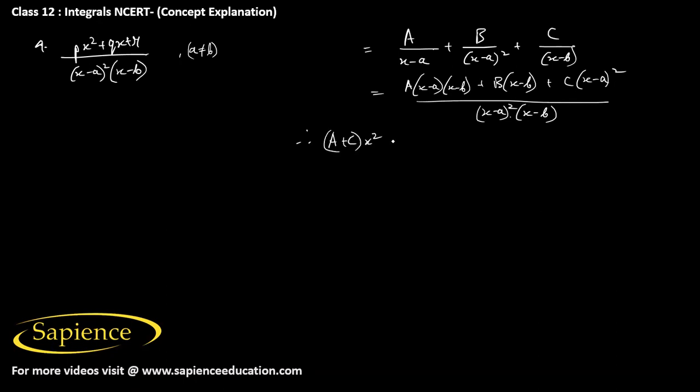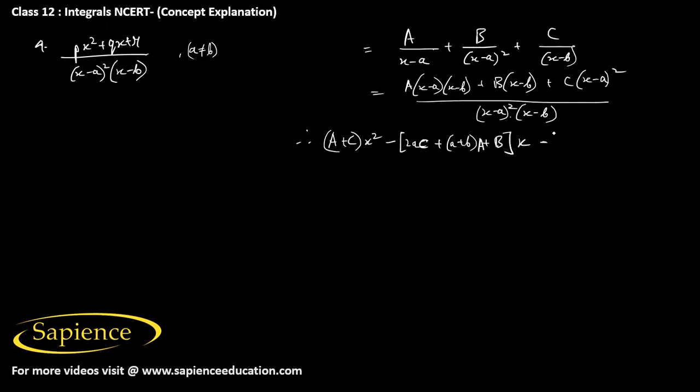Then this will be minus of 2AC, plus (A plus B) into x.